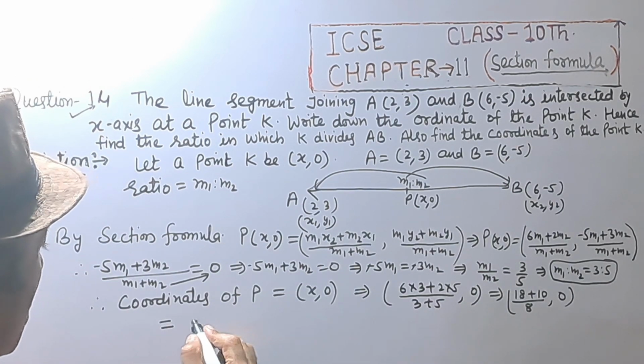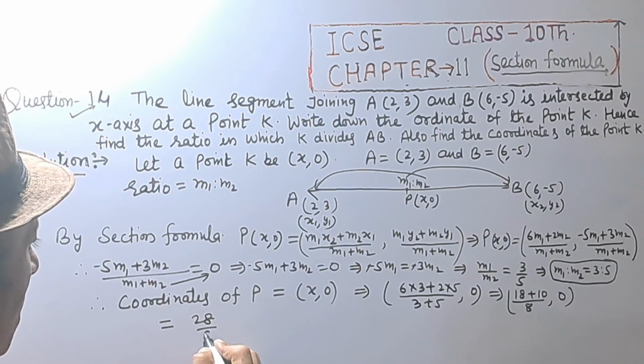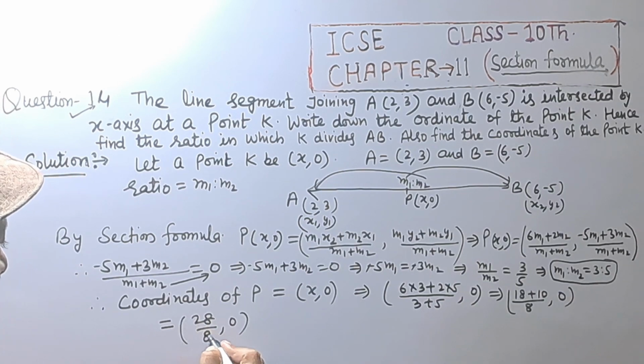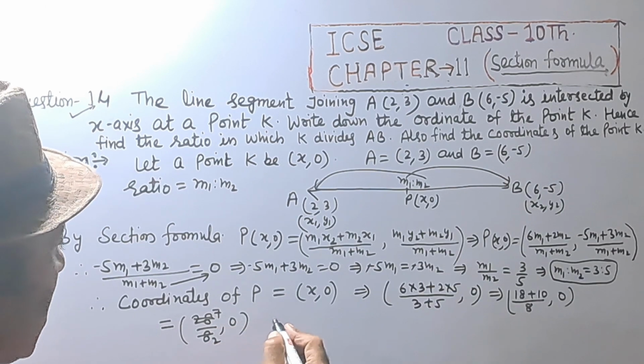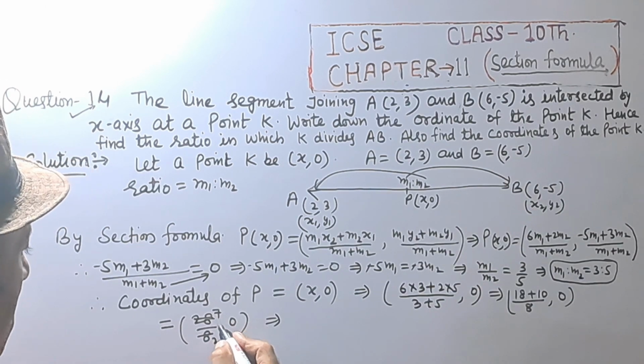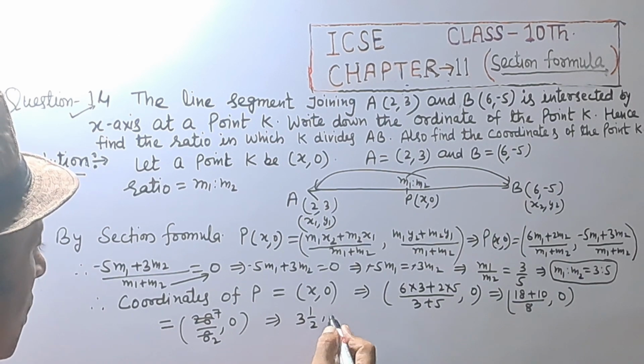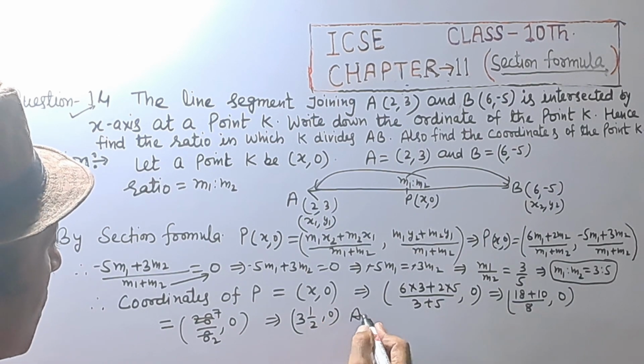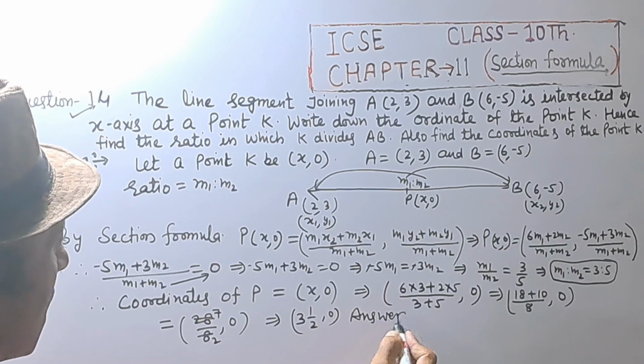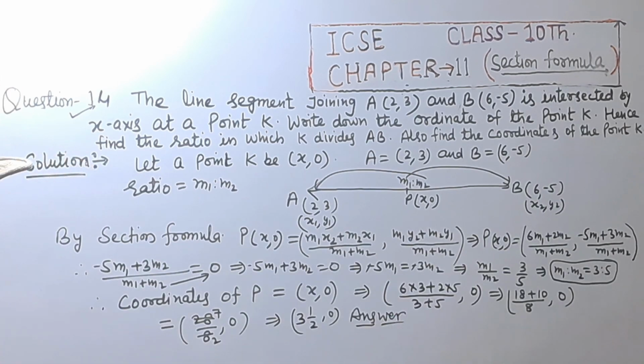That is equal to 28 upon 8 comma 0. 4 2s are 8, 4 7s are 28, which implies 3 1 upon 2 comma 0. Answer.